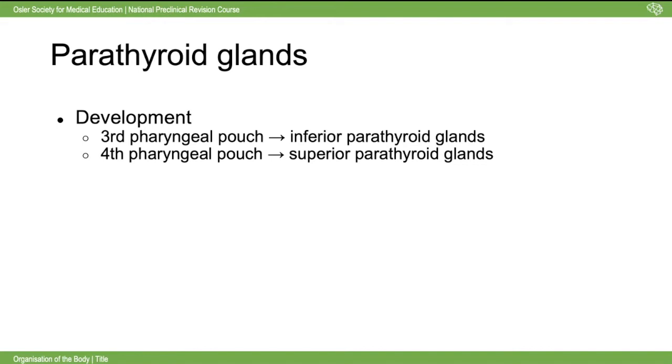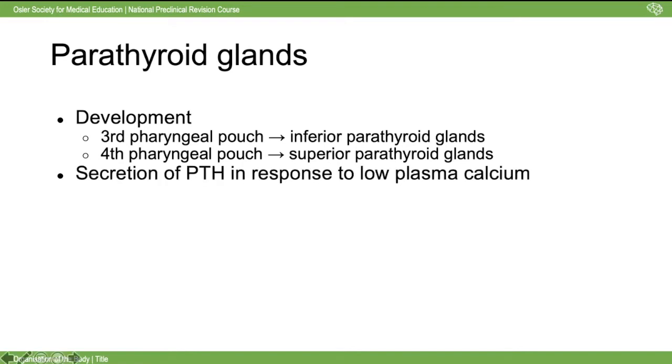During development, they swap places. The parathyroid glands secrete PTH, or parathyroid hormone, in response to low plasma calcium. They increase plasma calcium by increasing the release of calcium from the bone and increasing GI absorption of calcium from the diet.